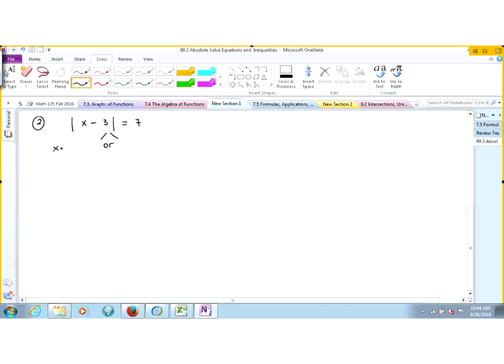What is the first expression? x minus 3. What is the other one? Negative of x minus 3. Not x plus 3, but the opposite of x minus 3. Then we can resolve it. So x is equal to 10.